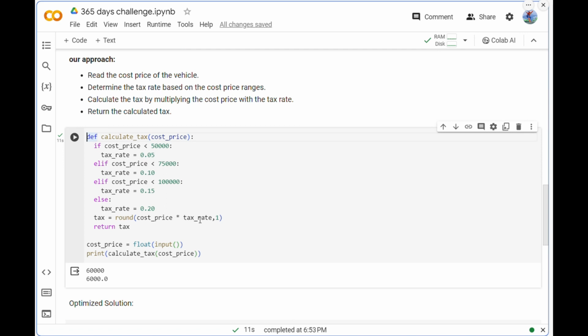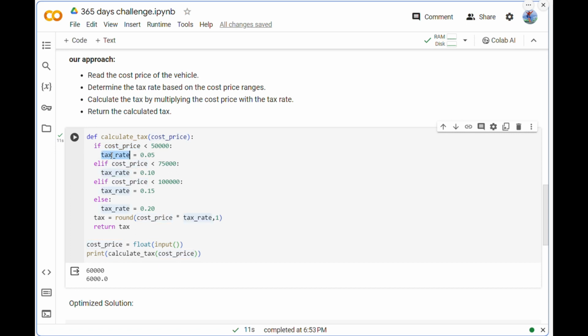Now let's see how we can optimize the code here. If you carefully see this code, we can't do anything in this part, but I can see some repetition of code over here. The cost price is repeating, and the tax rate is also repeating.